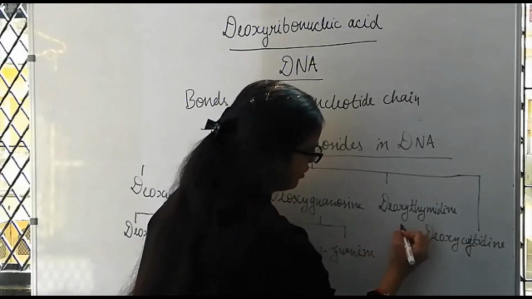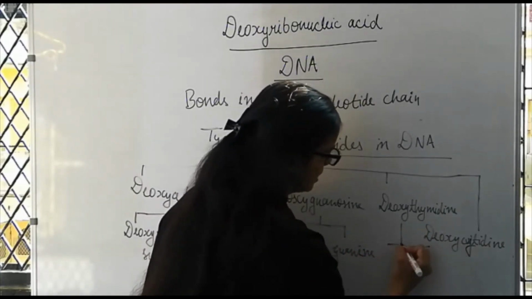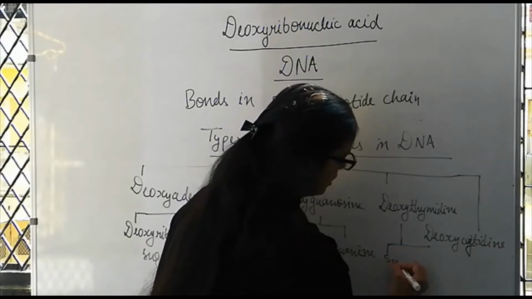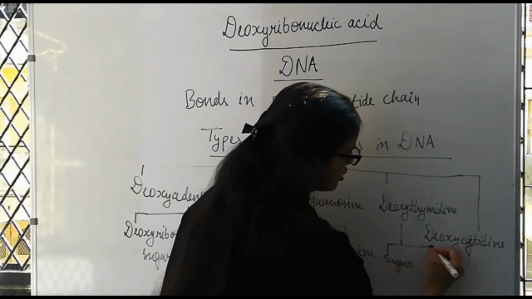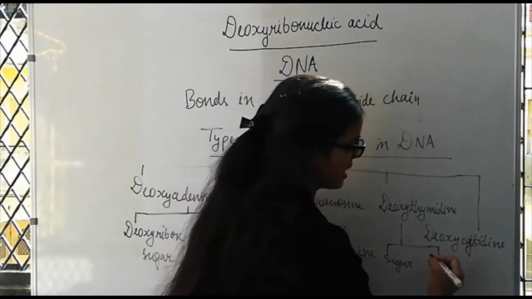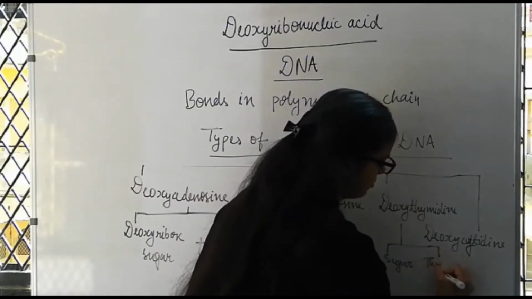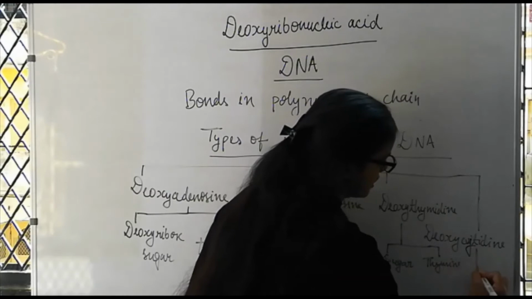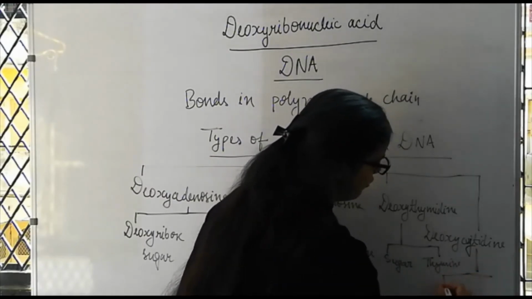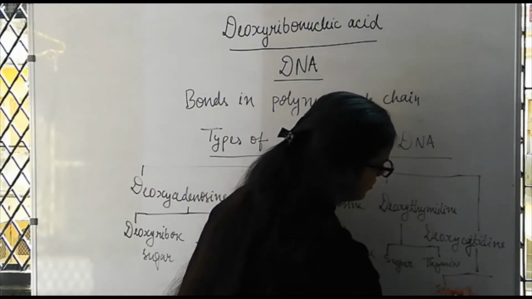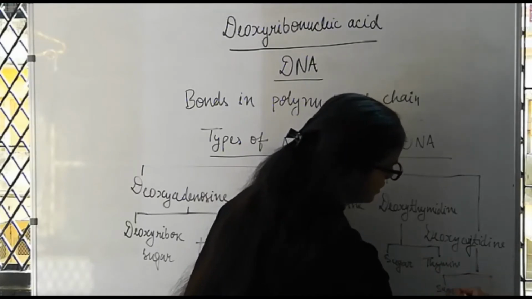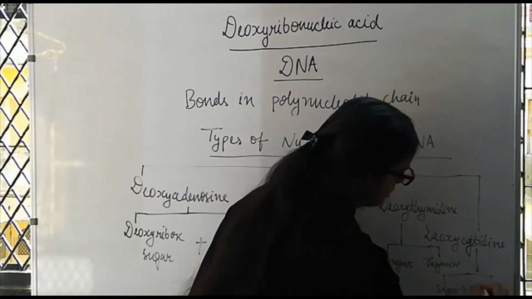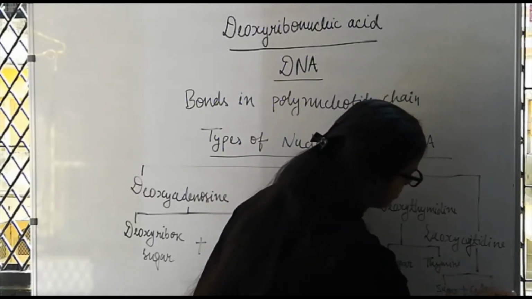And in the same way, deoxythymidine is made up of deoxyribose sugar plus thymine. And in the same way, deoxycytidine is made up of sugar plus cytosine.